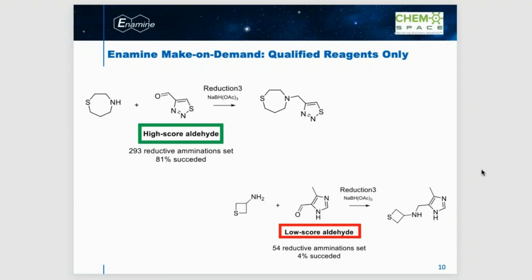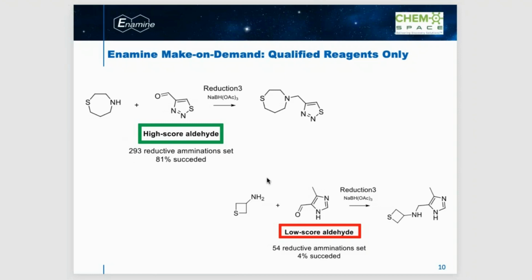And that's just an example that illustrates the selection of aldehydes for the reductive amination reaction. As you can see, the aldehyde on top is what we call a high-score aldehyde because it's been tried in a number of reductive aminations, and the success rate for this particular reagent is pretty high.